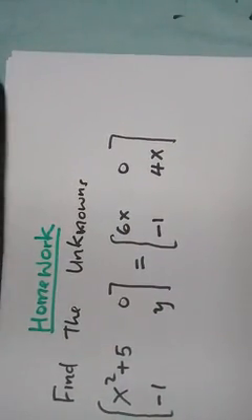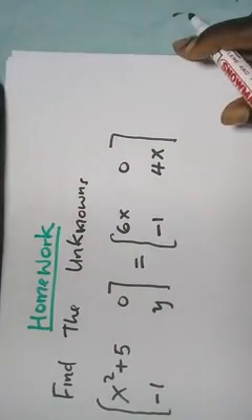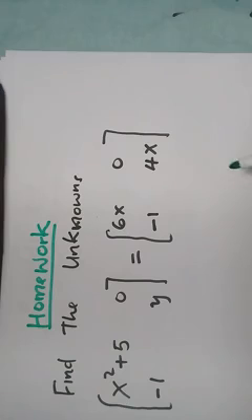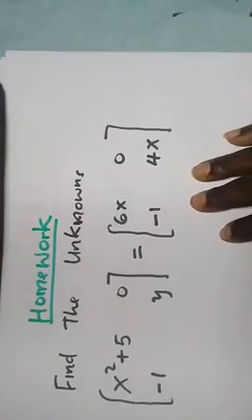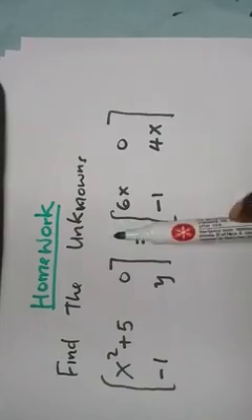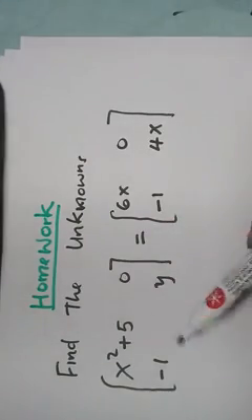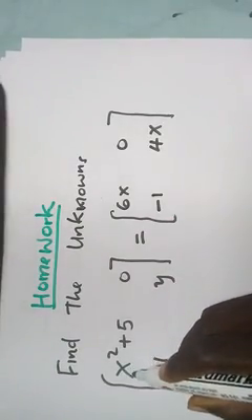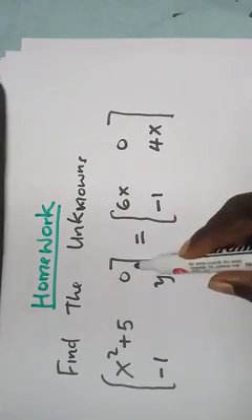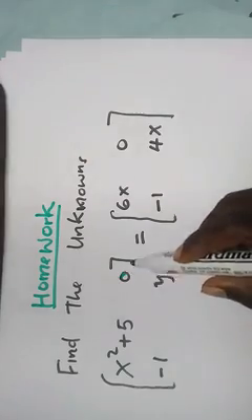Now, for your homework, copy this question. If you have understood how to find unknowns of a given matrix, copy this question and do it during your free time. You have element 1,1 here as x squared plus 5. Element 1,2 is 0.